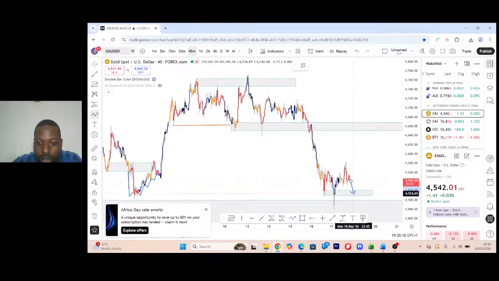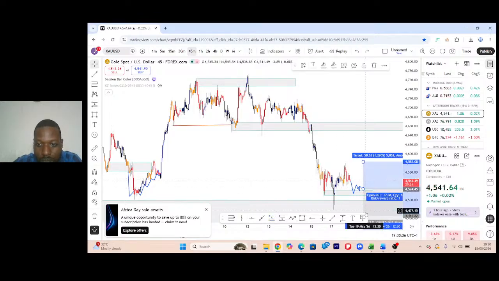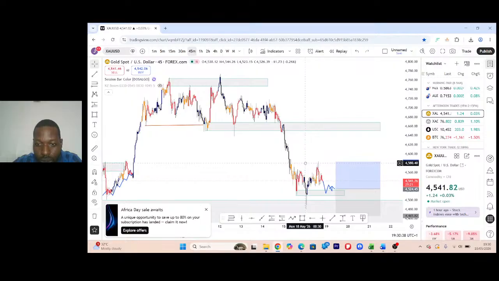When you see something like this, and price comes and rejects from that level, we'll start buying. So at this level, if we want to buy, let's see the risk to reward.